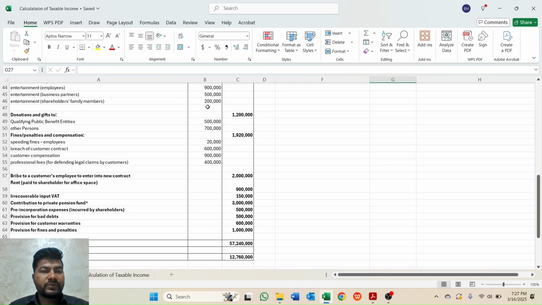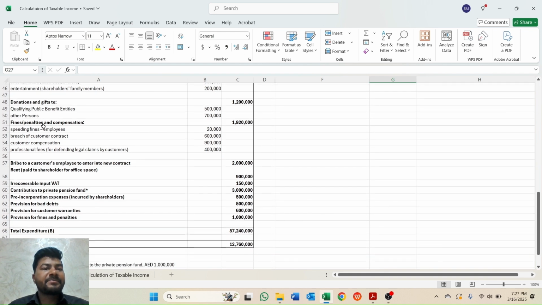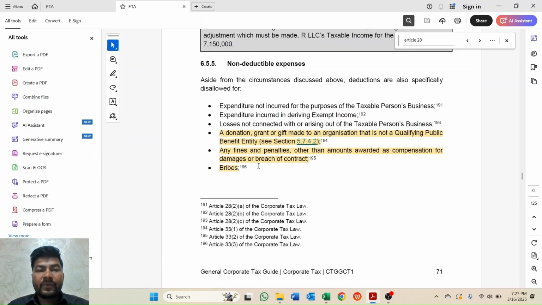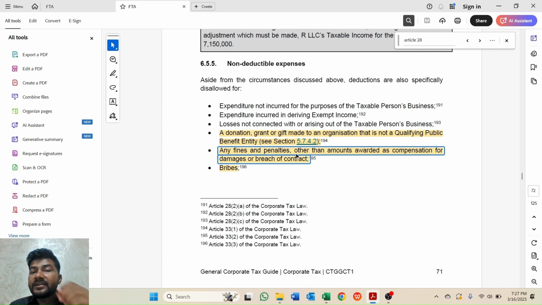Now let's come to another point. Fines and penalties and compensation. Speeding fines. Look, whenever we are talking about fines, deductibility, let's understand this. Any fines and penalty other than amount awarded as compensation for damage or breach of contract.